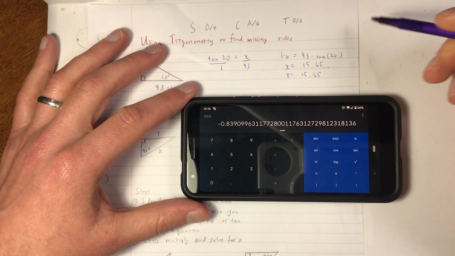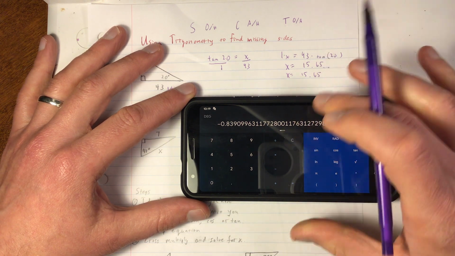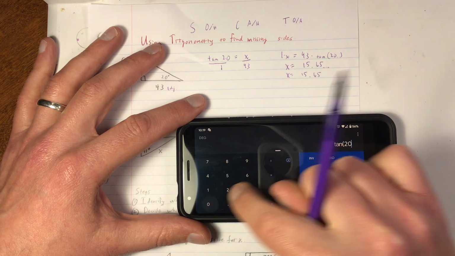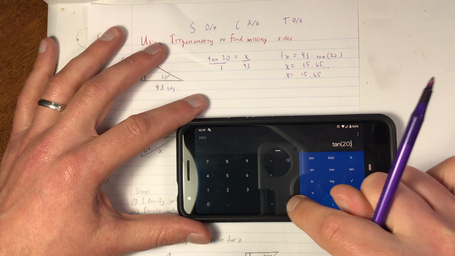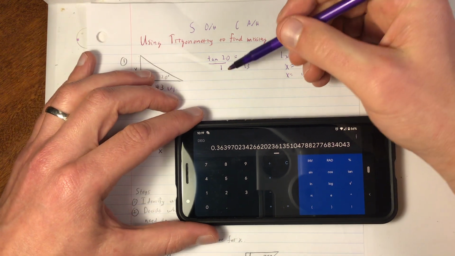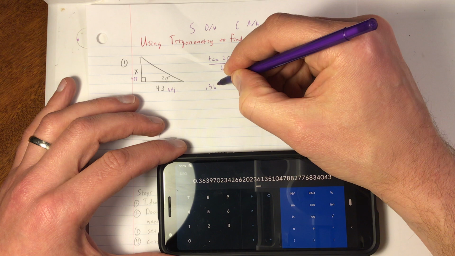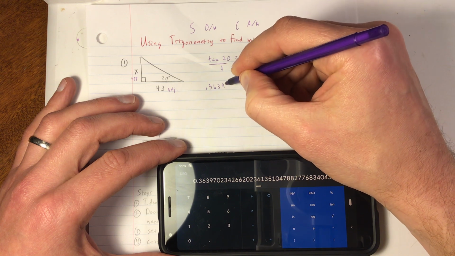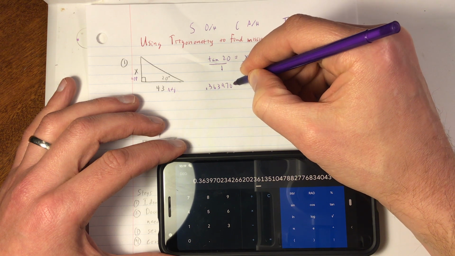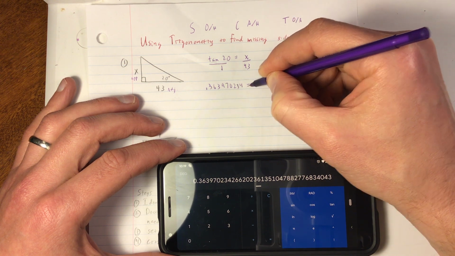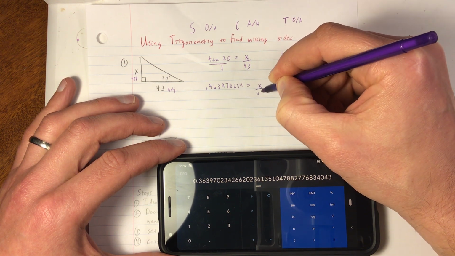All right, so that's just it. You cross multiply. If you want to, you can also do it this way. The tangent of 20, close the parentheses, enter. So that number is going to be 0.363970234 is equal to x over 43.